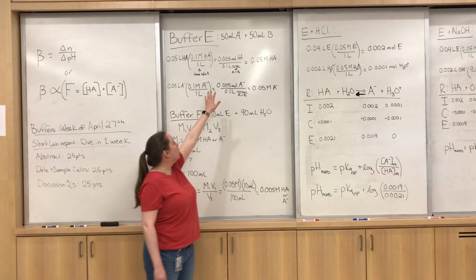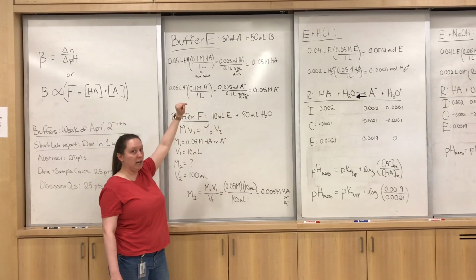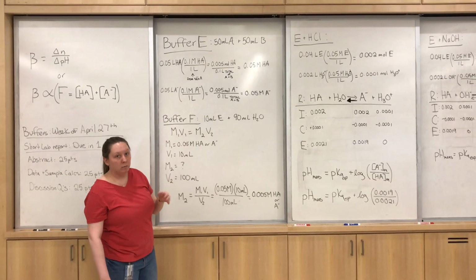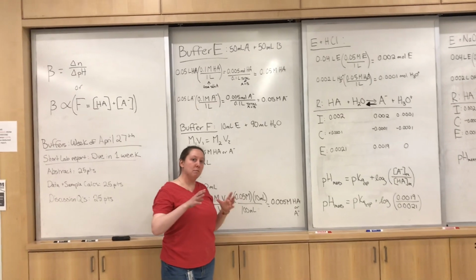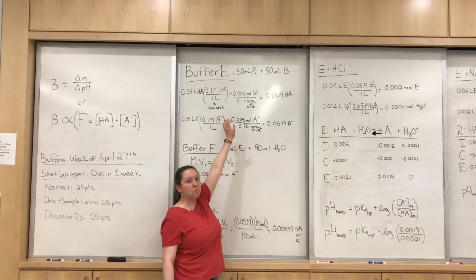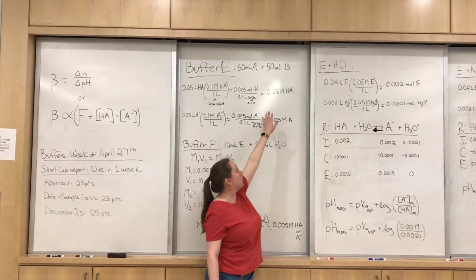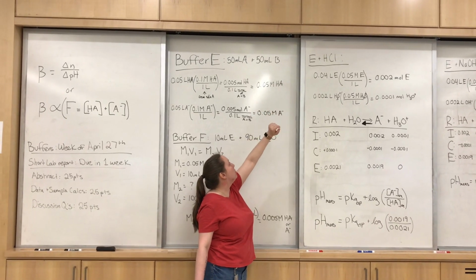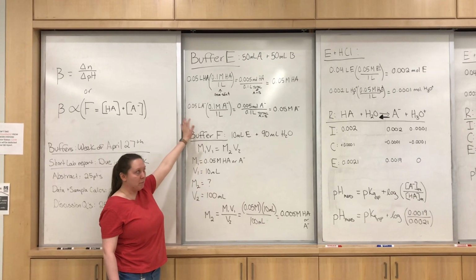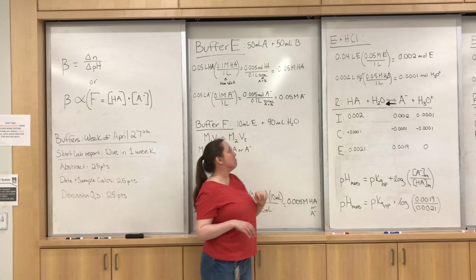Okay, so we are essentially taking out 0.005 moles of HA from that solution. And our final volume, once we add HA and A minus together, is 100 total milliliters or 0.1 liters. So our new concentration of HA is going to be 0.05, okay? And so we're doing the exact same math, the exact same addition, to find A minus.